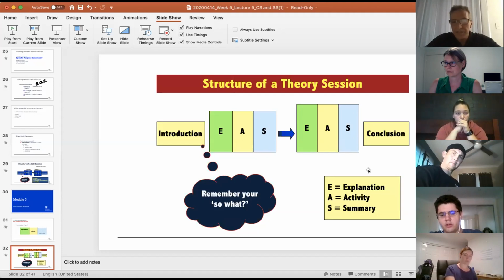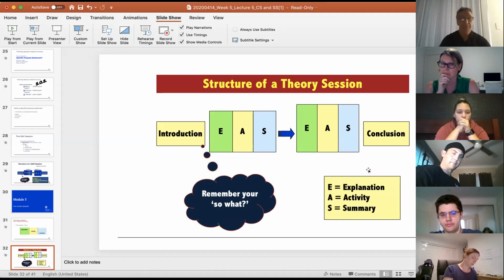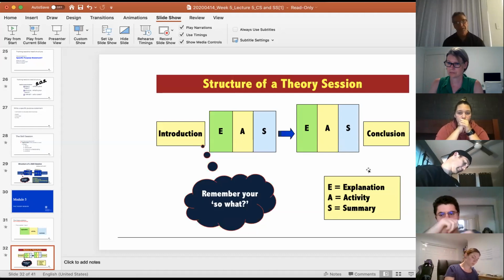In this particular session, this is important because it's directly going to help you with how to do your presentation. That's point one. But point two, it will help you to be able to do any skill or theory session in the future. So again, there it is. It's explanation, activity, and summary.